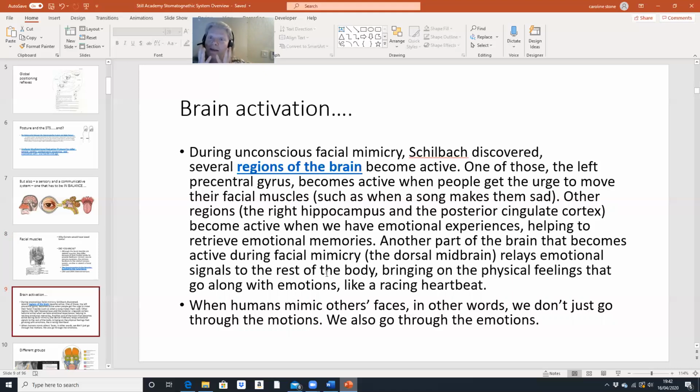When the face puts itself or is put into the expression of, say, happiness or sadness or whatever, then that literally links into these emotional centers of the brain so that we can make ourselves happy by having a happy face. We can obviously make ourselves angry by having an angry face.